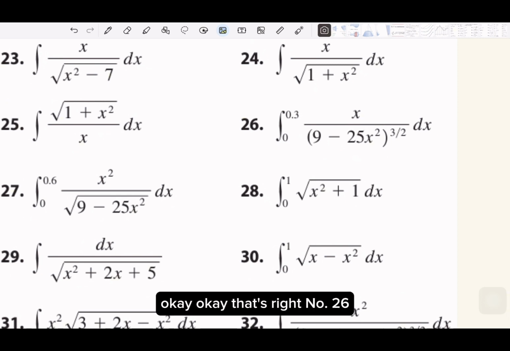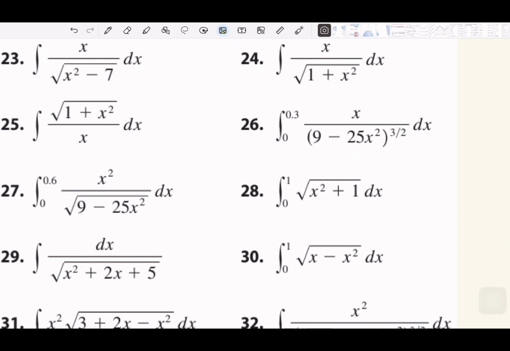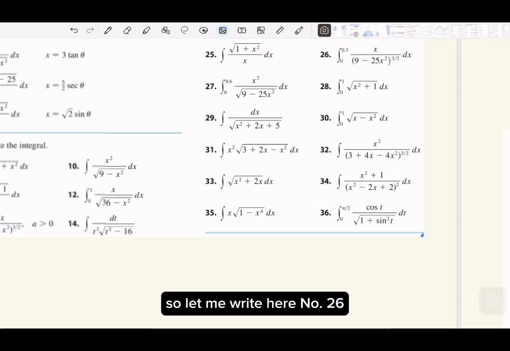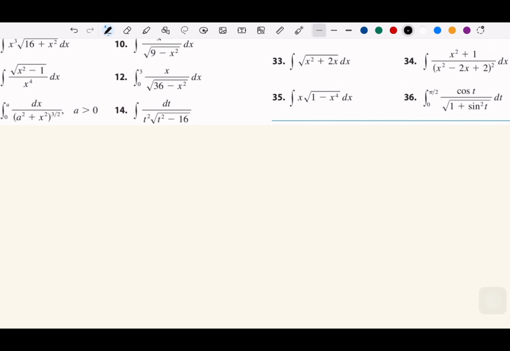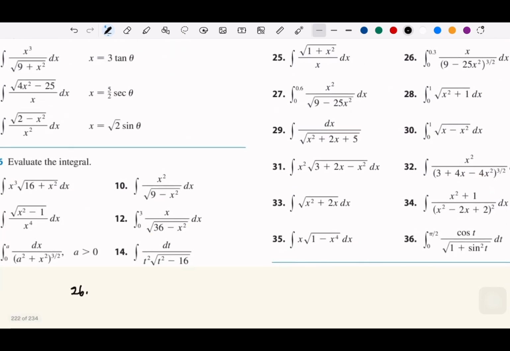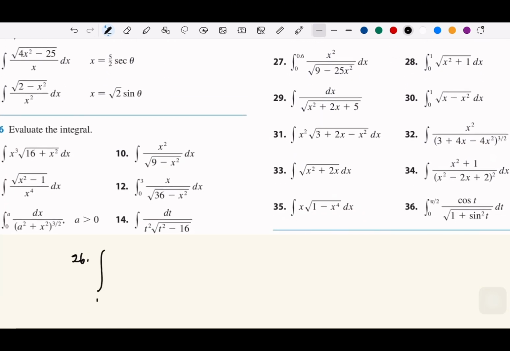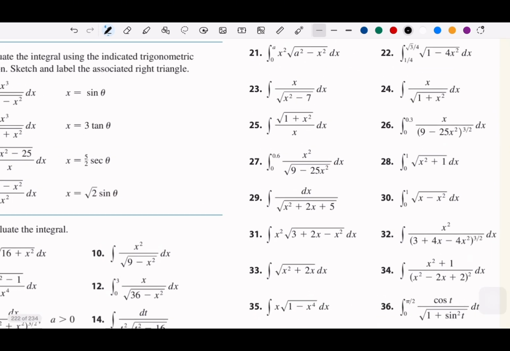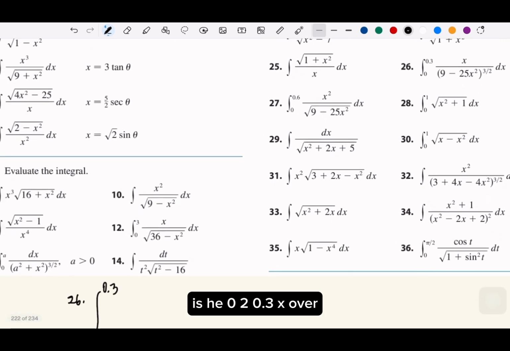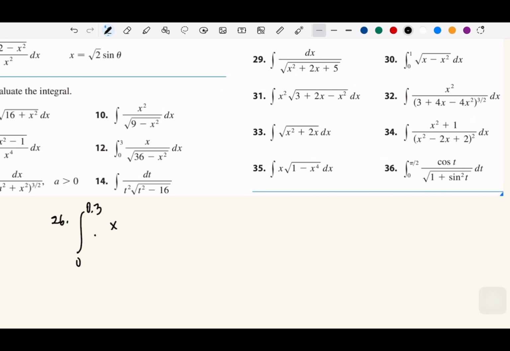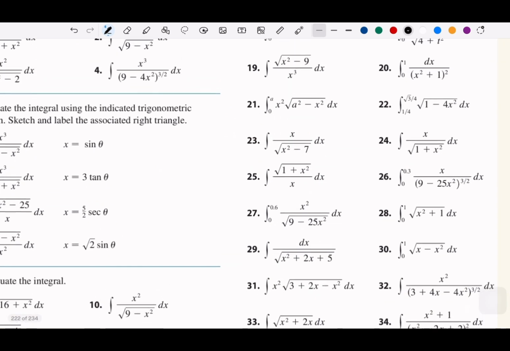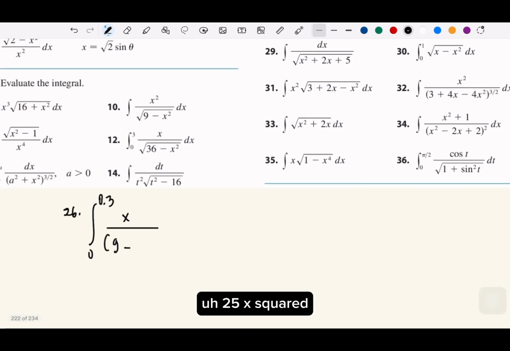Okay, let's try number 26. So let me write here number 26. Zero to 0.3, x over 25x squared.